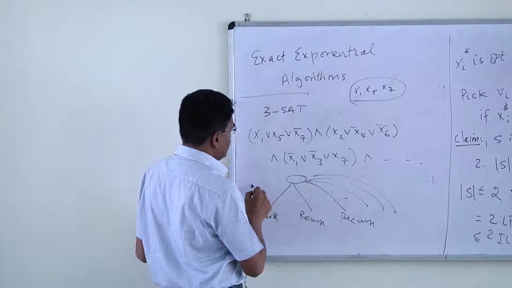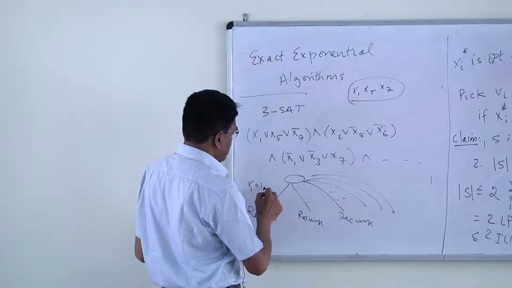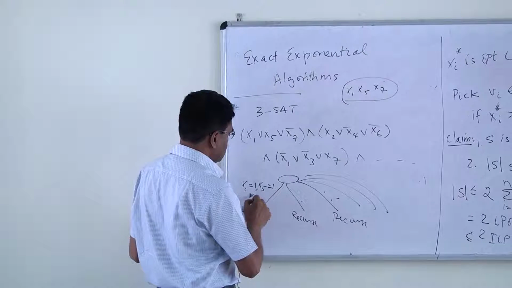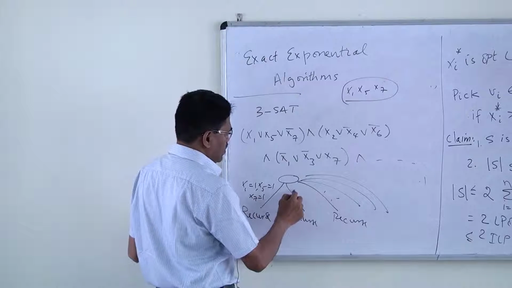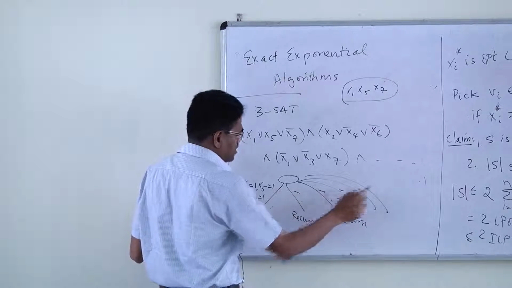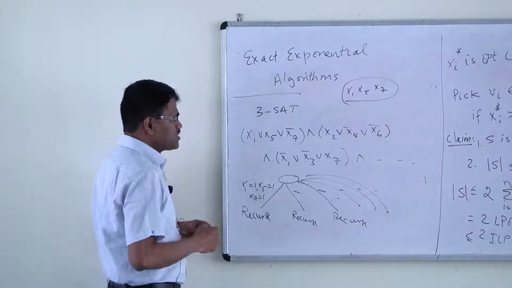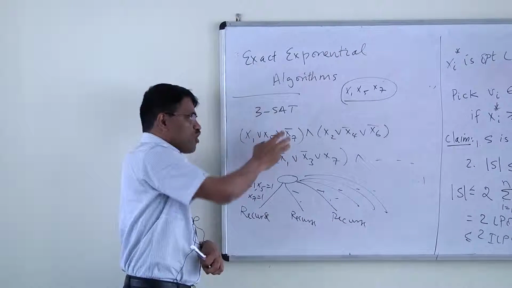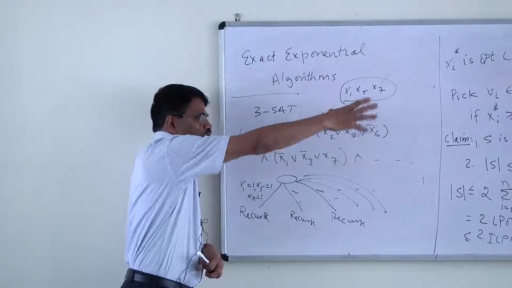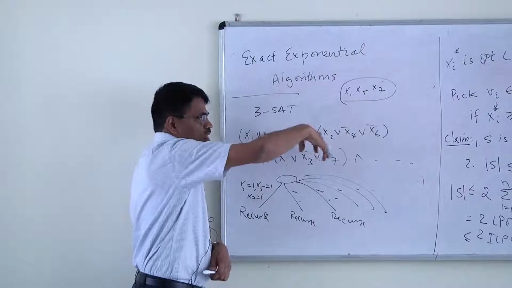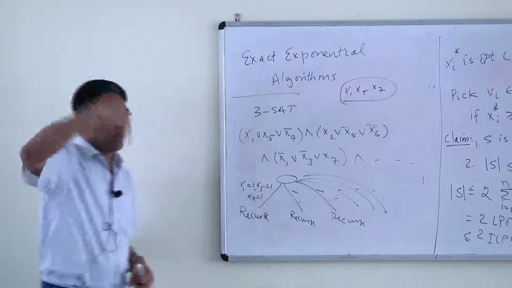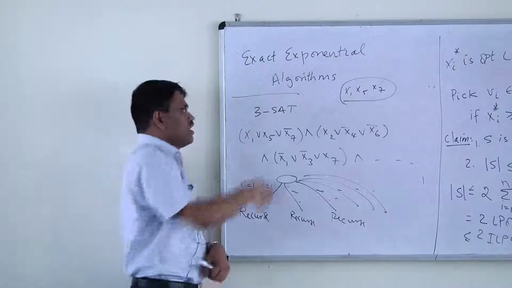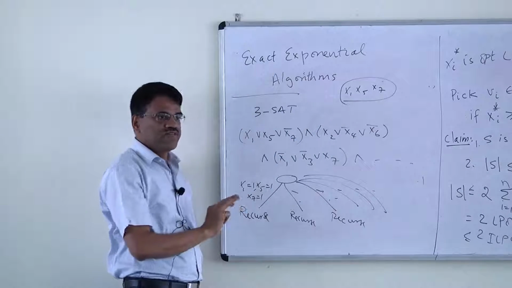So here I would say x1 equal to 1, x5 equal to 1, x7 equal to 1. And then something else here, something else here, something else here, and do my simplification on these 3 variables. Not just on this clause, I go over all of them, and once I set an assignment, see, the 2 power n is all trying all possible assignments, so something similar, but only focusing on these 3 variables.